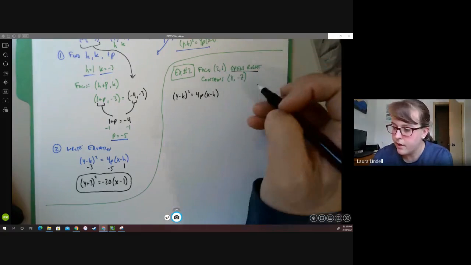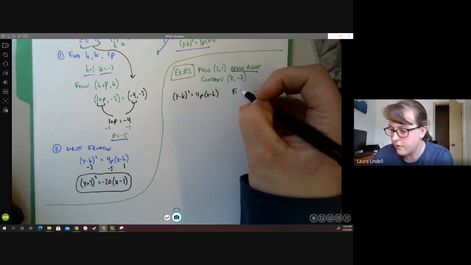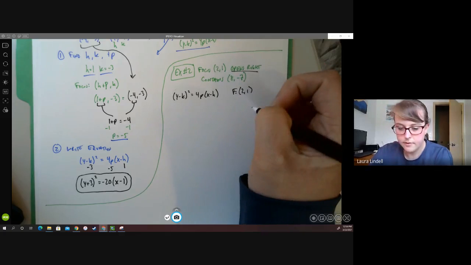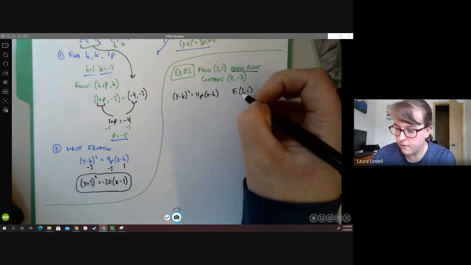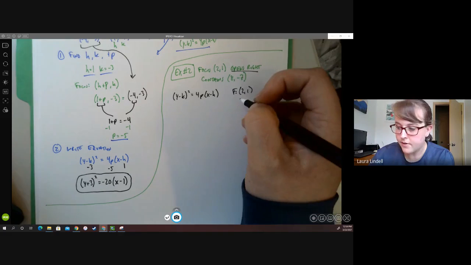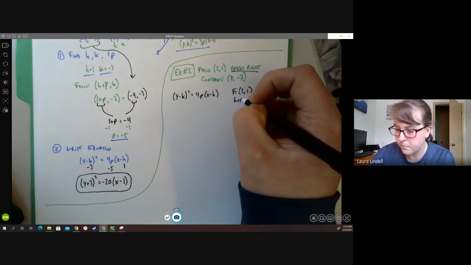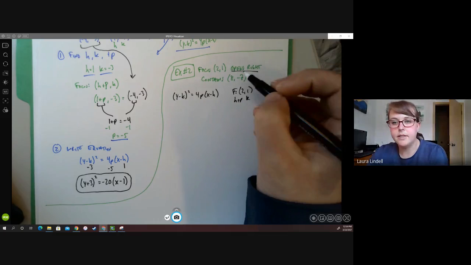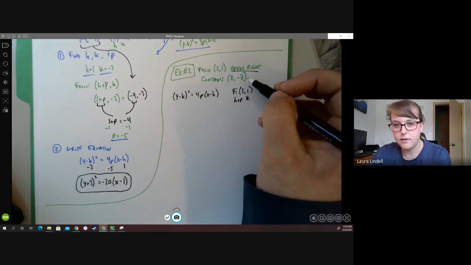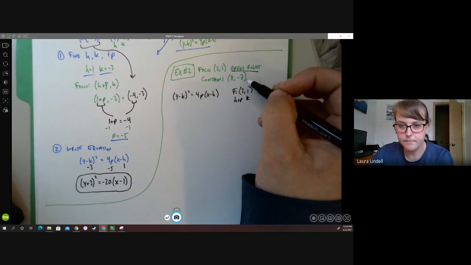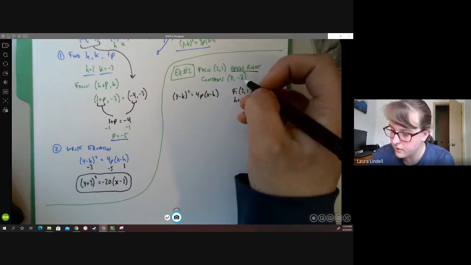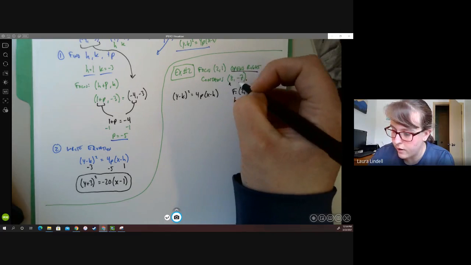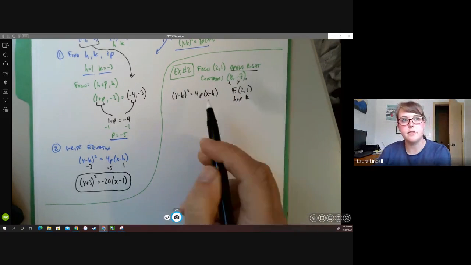We also know that since the focus is (2, 1), our focus equation for that opening left to right set of equations is (h + p, k). And then containing this point tells me we have an x and a y value that fit into this equation.